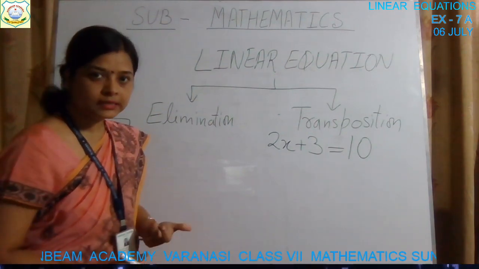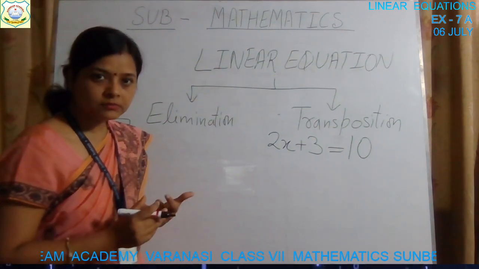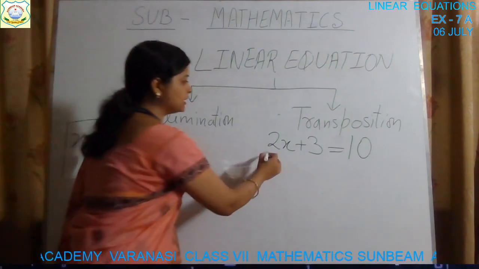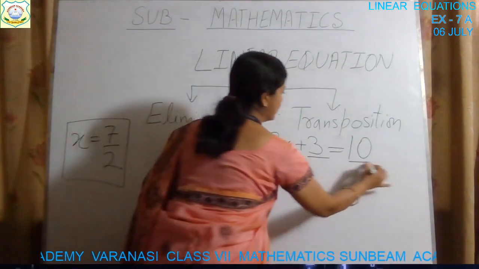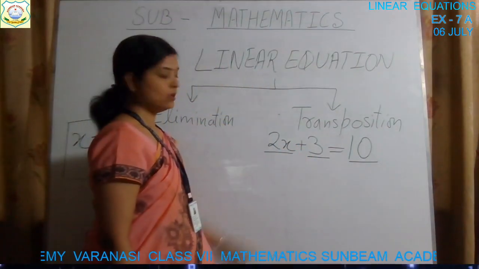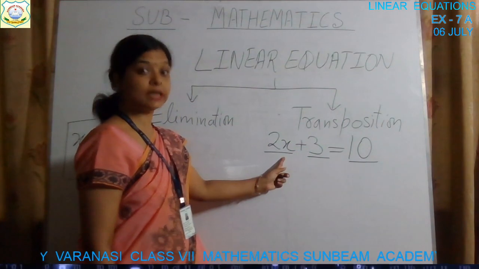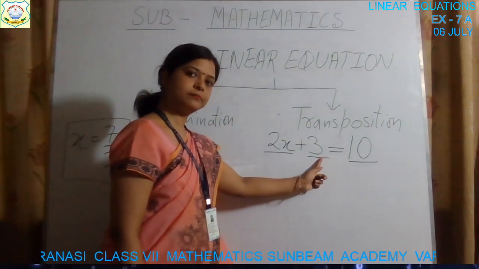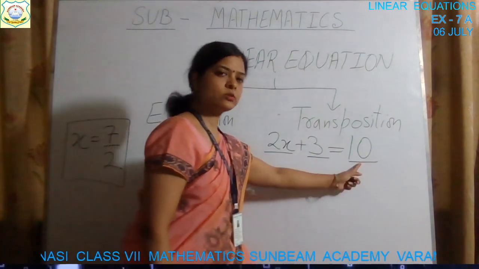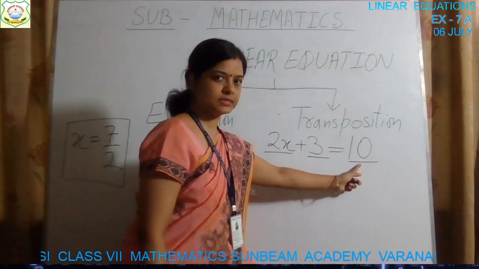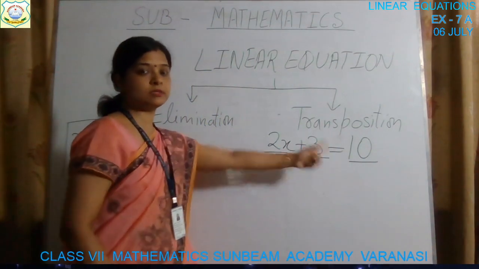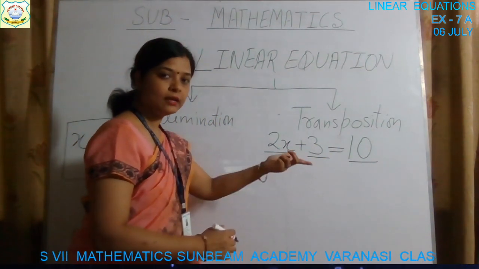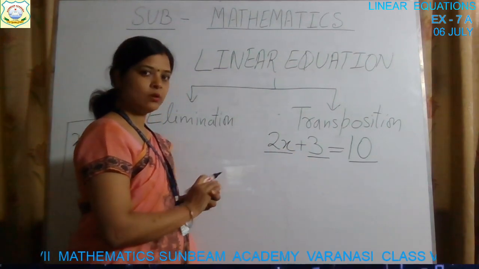What is a variable term, children? The term which contains a variable. There are 3 terms, 1, 2 and 3, and this is the variable term because it contains a variable. This is a constant term, 3 will remain 3. This is also a constant term, 10 will remain 10.